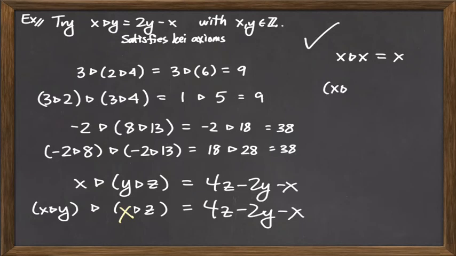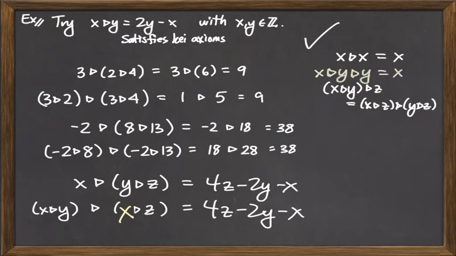X triangle y triangle z equals x triangle z, triangle y triangle z. I think I wrote that right this time. But do we know, for the k-axioms, that x triangle y triangle y is equal to x? Right, that's the thing that separates k-axioms from quandle axioms. Not only are they invertible, but they're self-invertible.